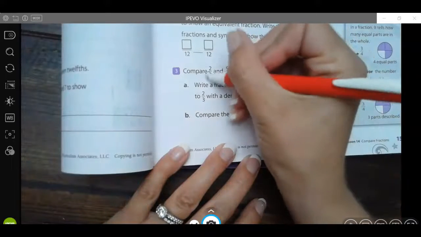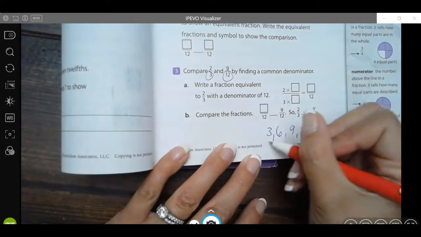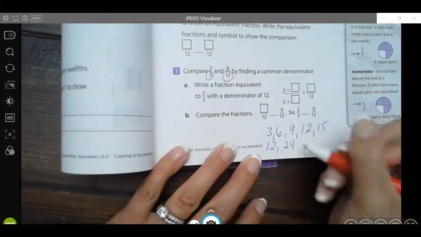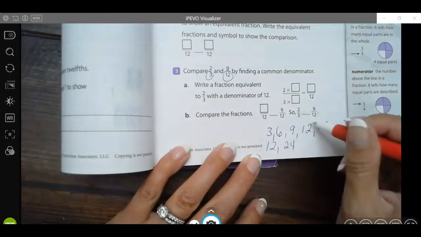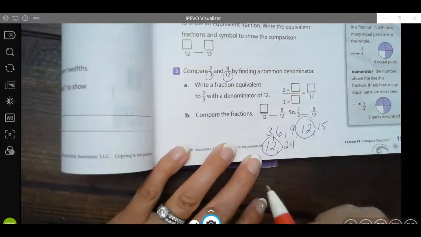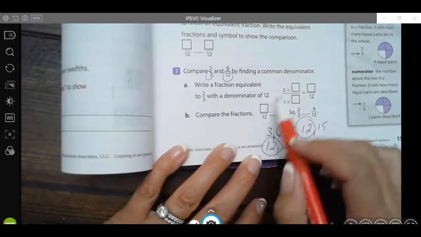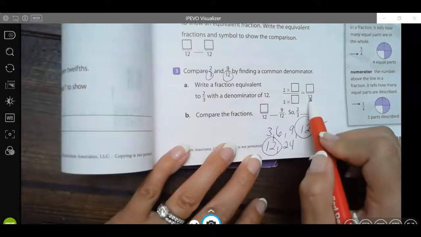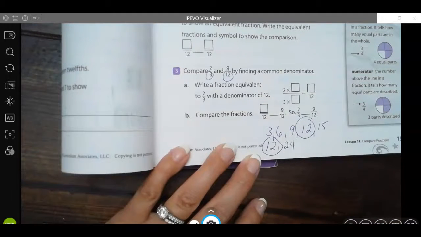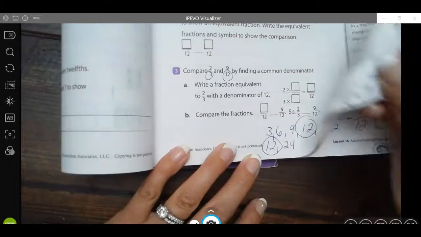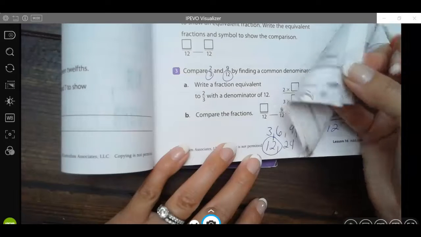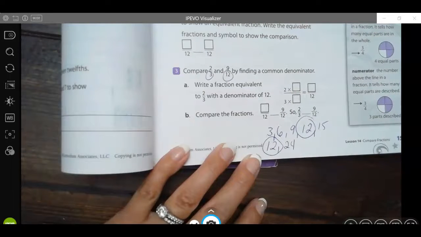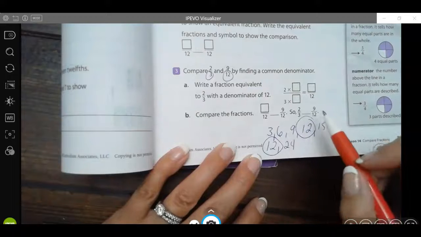And let's skip count by 12 now. 12, 24. What's the least common denominator, or least common multiple? 12. So that's how this problem already has a denominator of 12 for us. And by the way, guys, I am on page 159 in our problem solving book if you wanted to follow along.